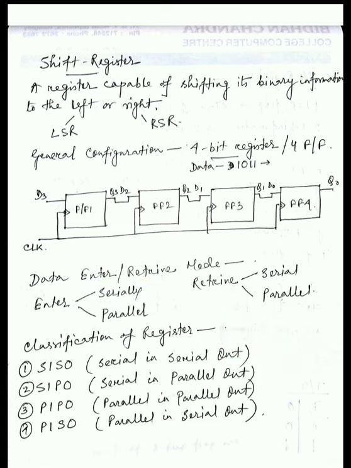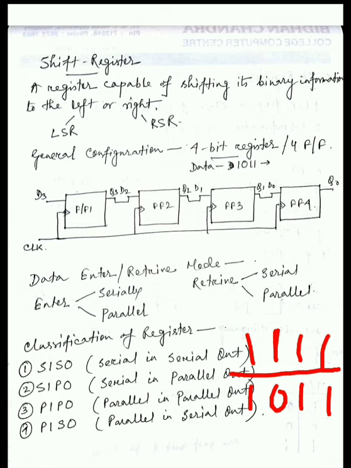In parallel entry there are 4 lines, 4 paths, and in every path we enter a bit: in the first path 1, in the second 0, in the third 1, in the fourth 1. This is parallel entry. For parallel entry, every bit has an individual path, and for serial entry there is one single path.